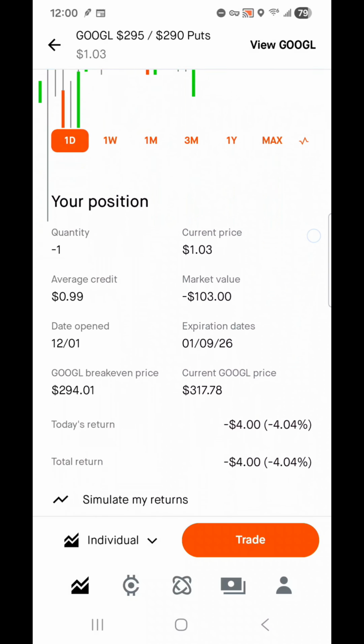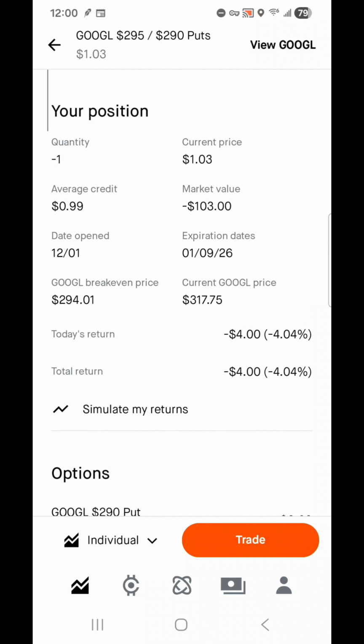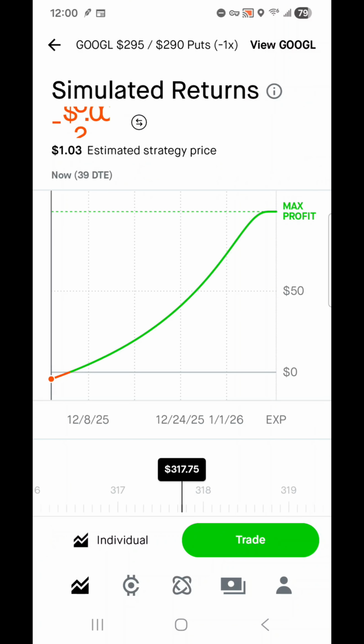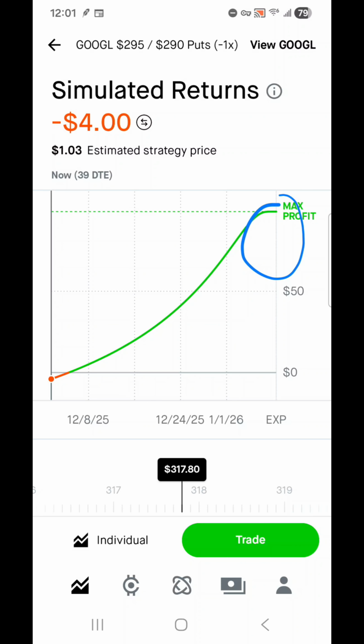We are going to look at the simulate my returns. So today, if I closed it right now, I would lose $4. But you can see if Google's price stays the same or better in the future, we'll reach our max profit, which is like the premium we received to enter into the deal, which is about $100, right?